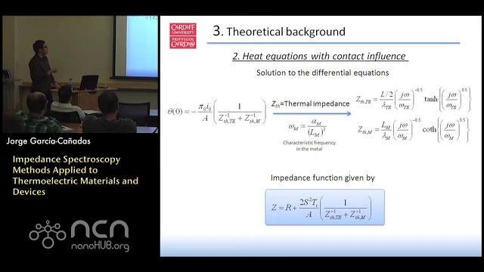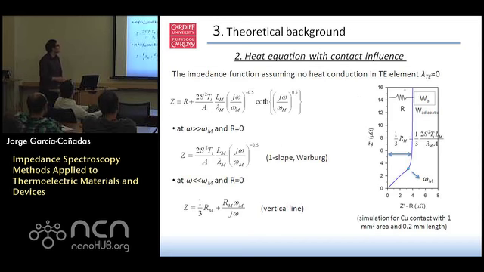These are the functions of the thermal impedance which provide the whole temperature difference at zero. So finally, the impedance function is given by this equation. I'll go through this equation a bit later, so don't worry if it's a bit heavy at the moment.